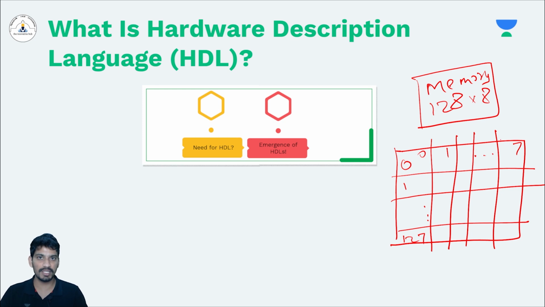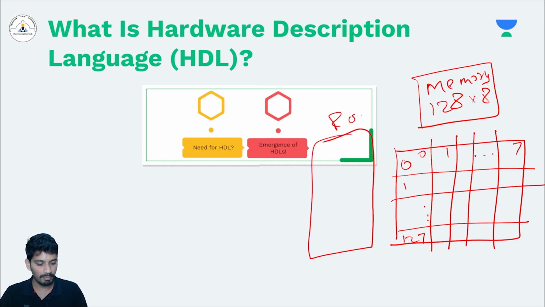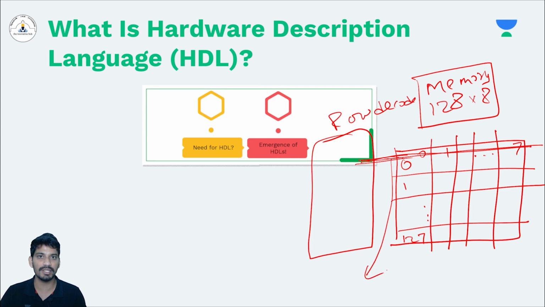In order to design this memory, I will require a row decoder, because if I want to access any one row of this memory, I have to turn on this row and call the data that is present in that row. So for this, we will require a circuit called a row decoder.